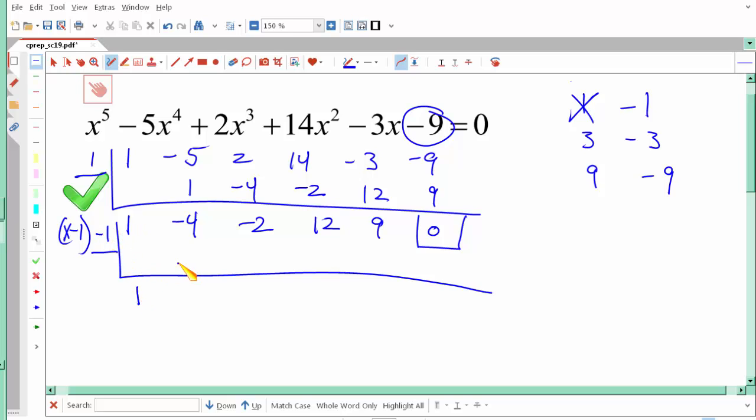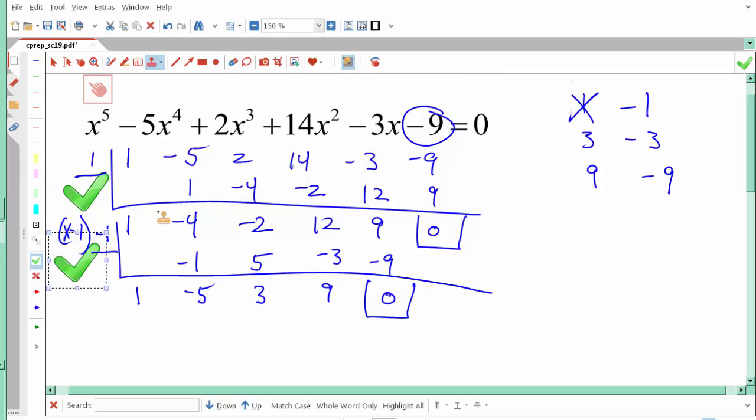So I bring down a 1, 5, 3, and negative 1 works. So I found another root, and that means my factor would be x plus 1, because the sign of the root, or the solution, is always the reverse of what it is in the factor.